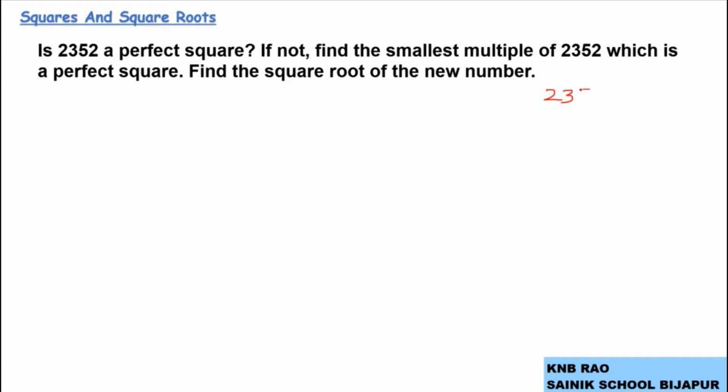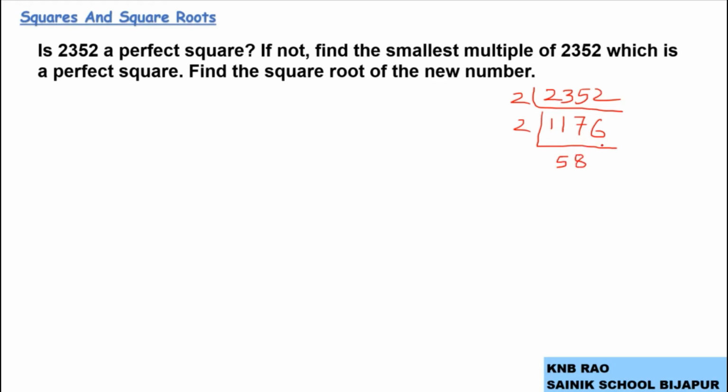Now, first we will go for doing prime factorization of this 2352. Since it is an even number, it will be divisible by 2. So you know the procedure, I will not explain much on that. 2 5s are 10, 2 8s are 16.